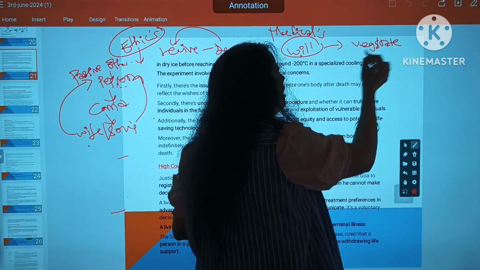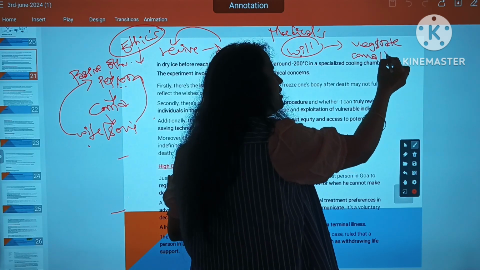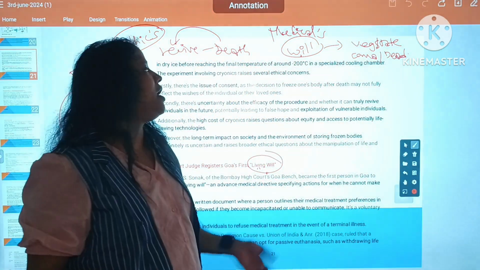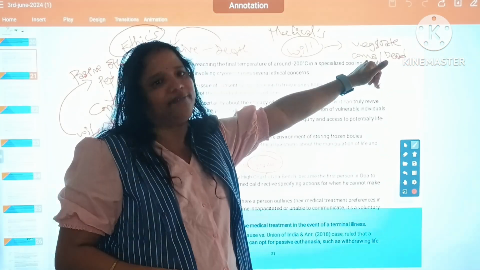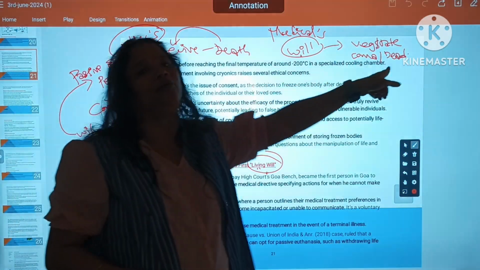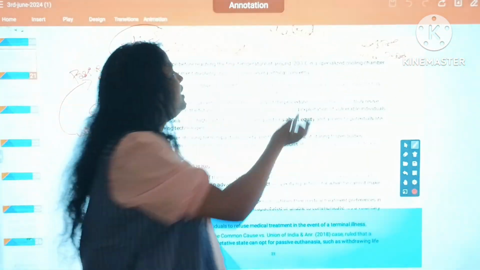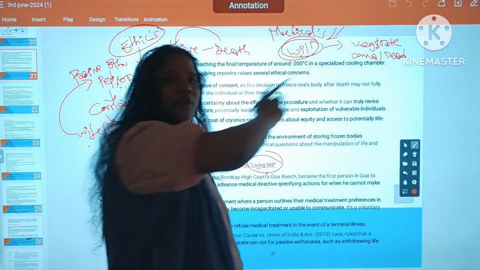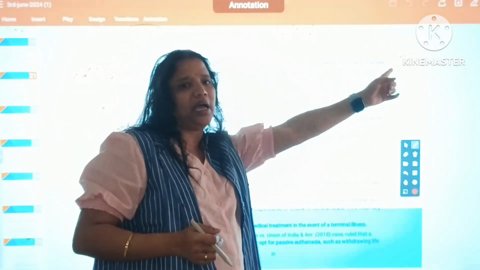Means, suppose he has gone into a coma, or suppose he is dead, then his organs can be given to others or not, or after he has gone into a coma, passive euthanasia can be used on him to make him dead. Like these things he will write in a will. The doctor can study the will, and according to the will only the doctor can treat the person.